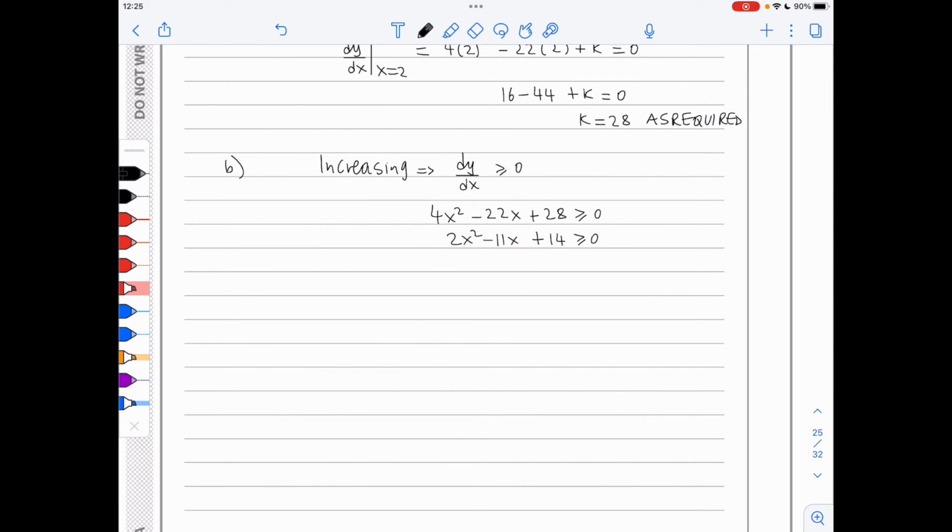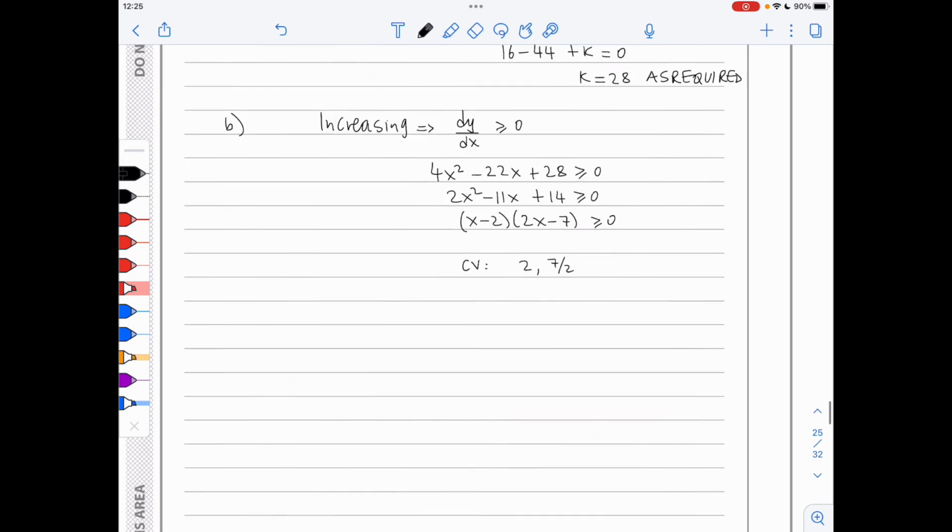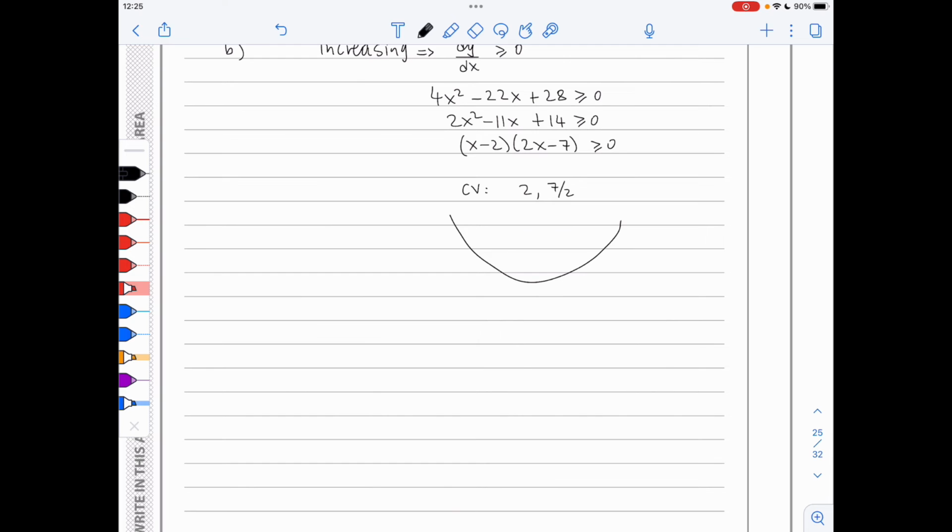And this factorizes into (x minus 2)(2x minus 7). We know that the critical values here are 2 and 7/2. So if I quickly draw a smiley parabola here, this will have cuts at 2 and 7/2. We go plus, minus, plus, and we want to be positive.